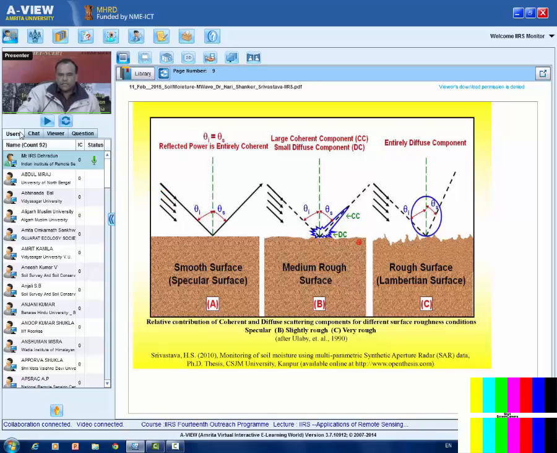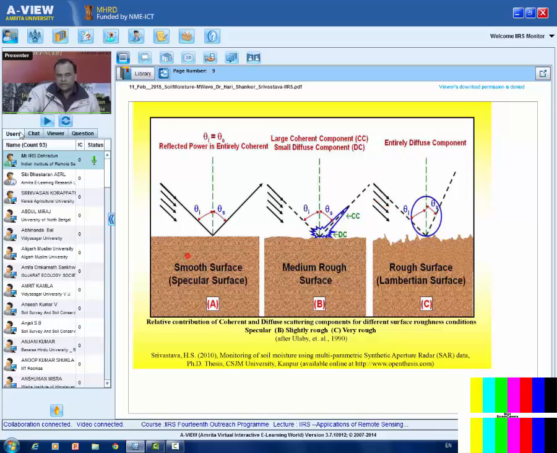Now if the surface is medium rough, then most of the energy will go in the opposite direction, but some amount of energy will come back in the backward direction. But if the surface is very rough, scattering will take place in all directions and a sufficient amount of backscattered microwave signal will be received in the backward direction also.